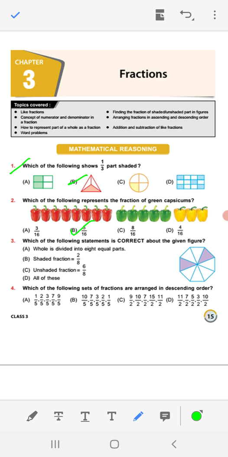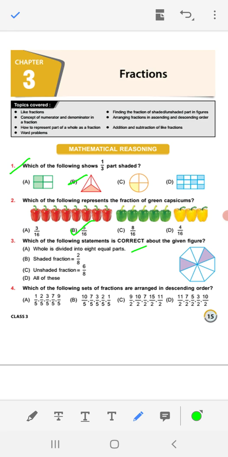Which of the following statement is correct about the given figure? Here is a figure given and it is divided equally 8 parts. Now you have to say which one is correct. Number A, whole is divided into 8 equal parts. Yes, this is correct. Number B, shaded fraction equal to 2 by 8.